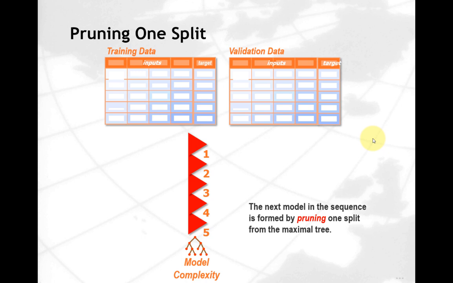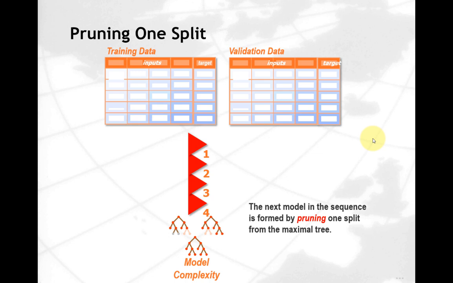But there are different alternatives. You can prune here, or you can prune here. There are 2 ways. That's all the ways that you can do with this maximal tree. There are 2 alternatives to prune by 1, right? You can't think of any other scenario where you can prune by 1 with this maximal tree. So that's all the options here, to examine complexity of 5.